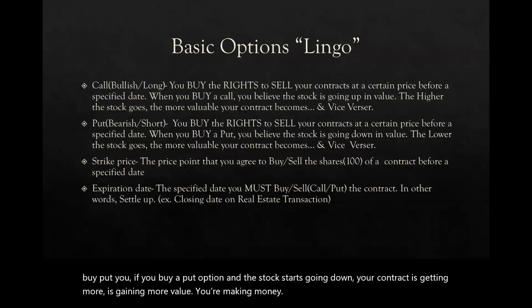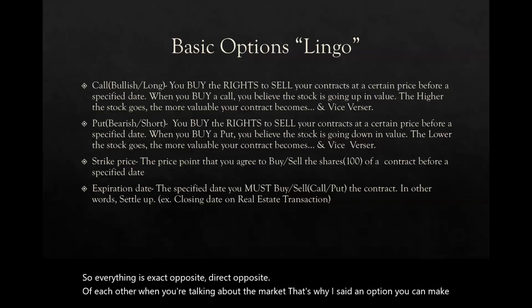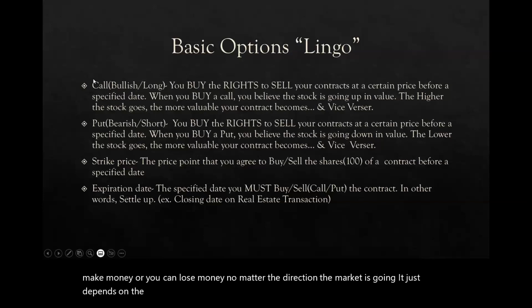If you buy a put option and the stock starts going up, guess what? You're losing money. So everything is a direct opposite of each other when you're talking about the market. That's why I said in options, you can make money or you can lose money no matter the direction the market is going. It just depends on the position that you're in. It depends on whether you bought a call or whether you bought a put.